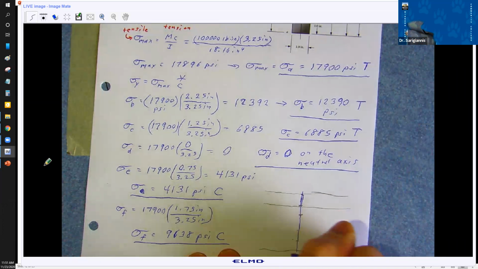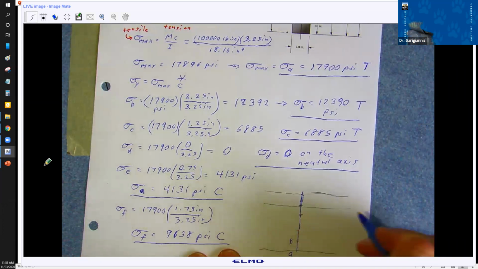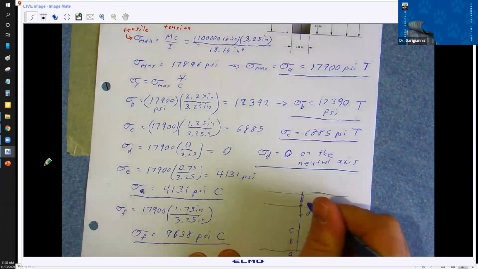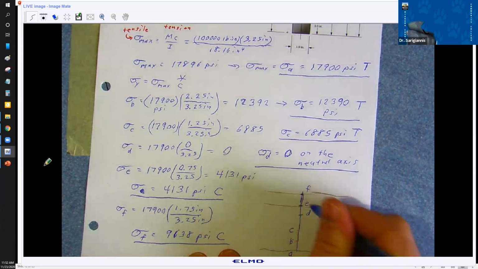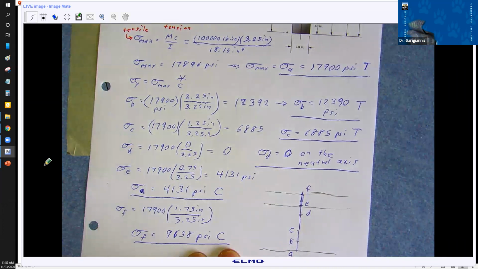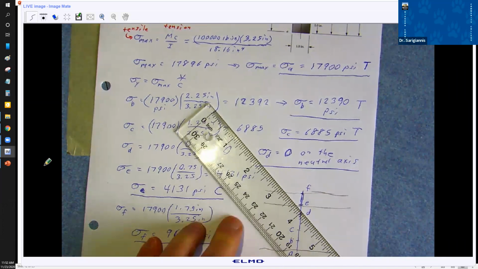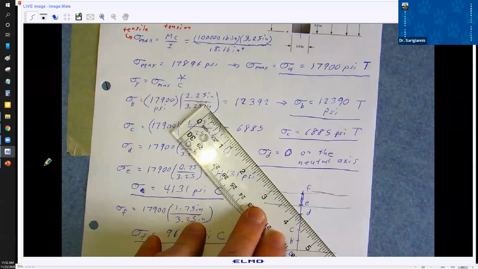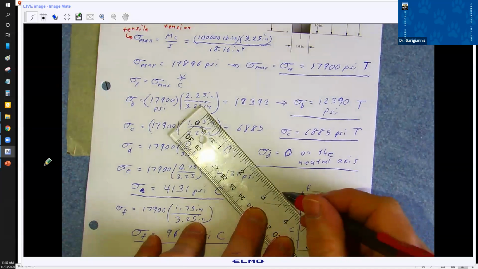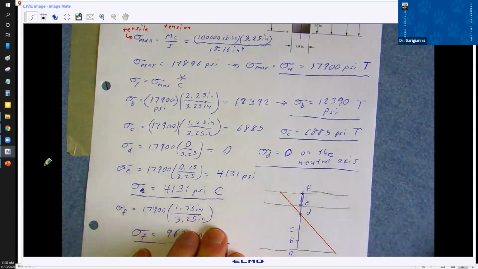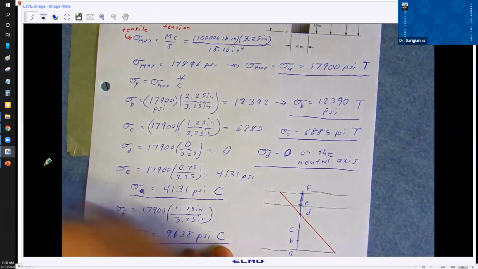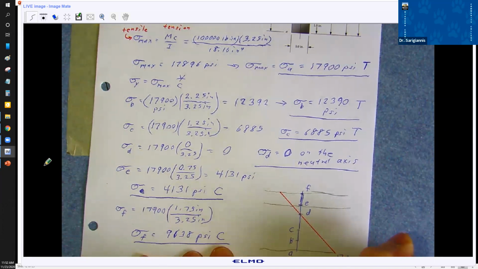And here we've got A, B, C, D, E, and F. And we're going to have, if I can find a ruler here, we draw this sort of skewed a little bit. All right, over here we've got 17,900 psi.